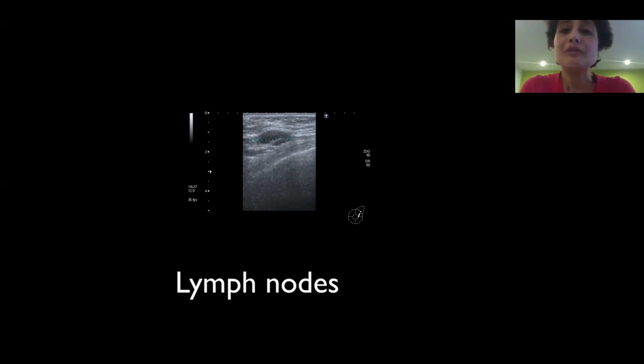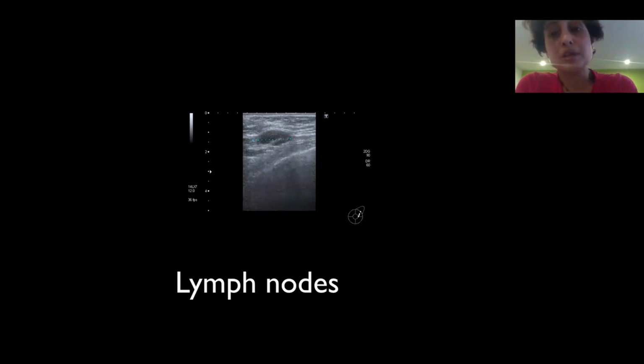So abnormal lymph nodes, as far as the breasts are concerned: rounded, hypoechoic, loss of fatty hilum, or displaced, irregularly placed fatty hilum, thickened cortex. More than 2.5 millimeters is what is followed at a lot of places, but there are some institutions where it could be more than 2 millimeters.